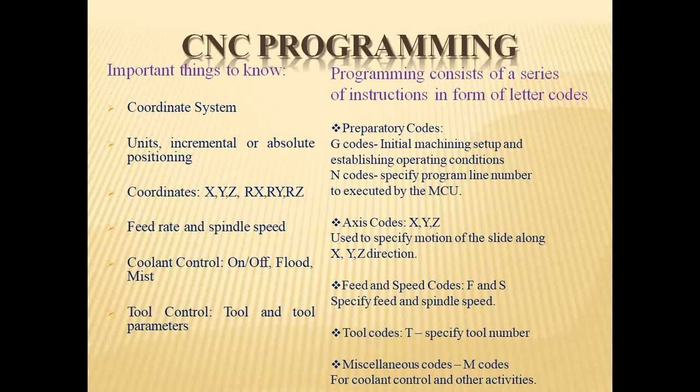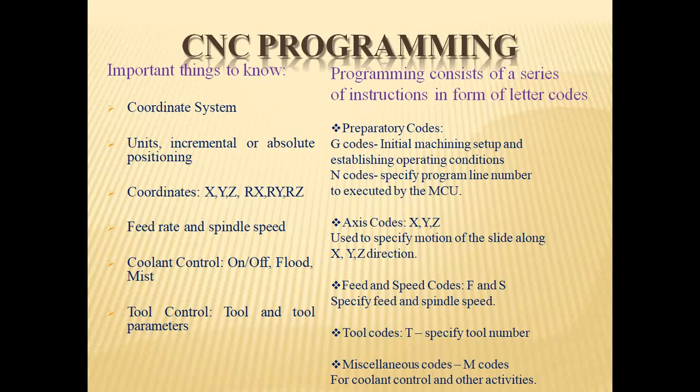One of the most important factors is coolant: when the manufacturing process is going on, we require coolant control, on and off. We also require cutting tools, so we need tool and tool parameters. These are the basic constraints for writing a program.